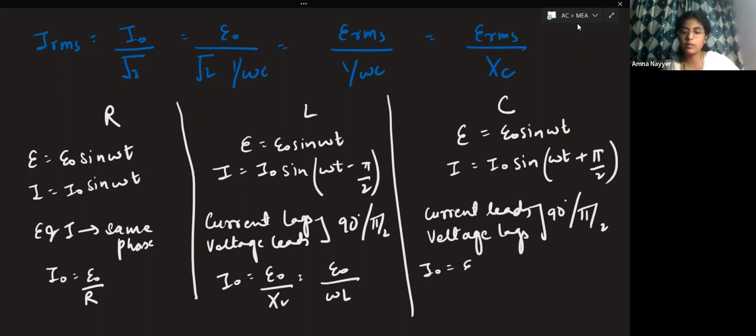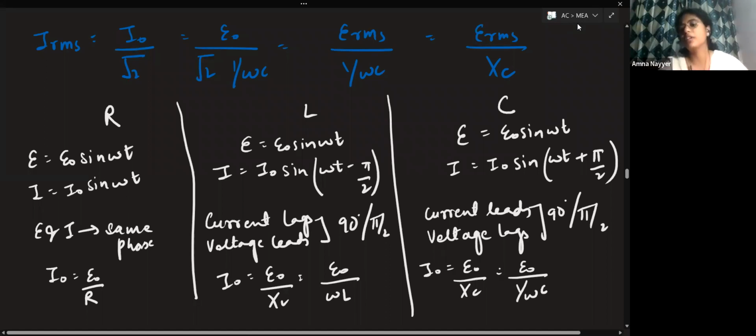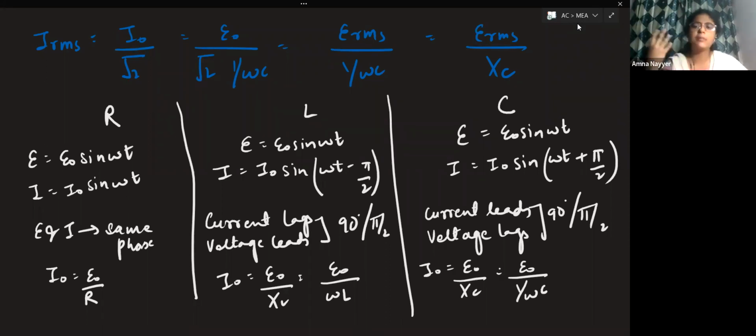I naught is equal to E naught divided by XC, which is 1 by omega C. And now you can keep on performing the modifications, meaning RMS values in terms of linear frequency 2 pi nu. So this is the conclusion of the resistance circuit, inductance circuit, and capacitor circuit.